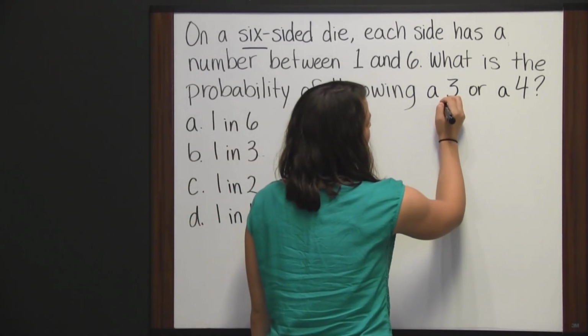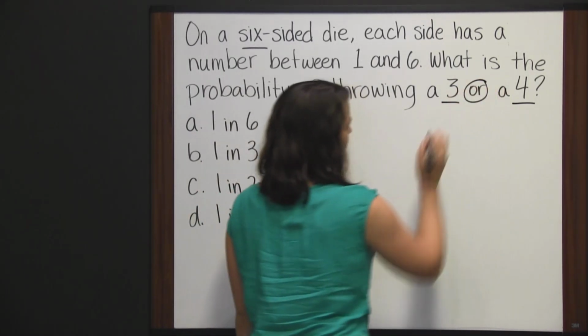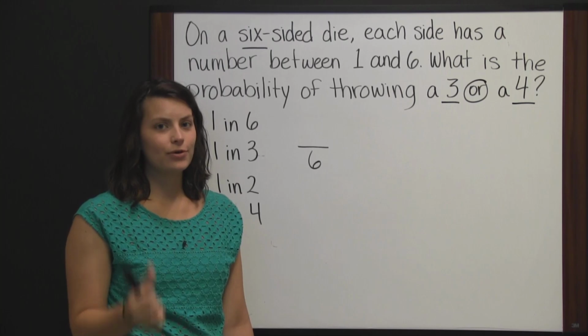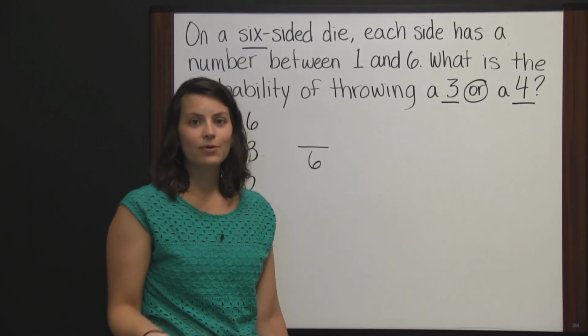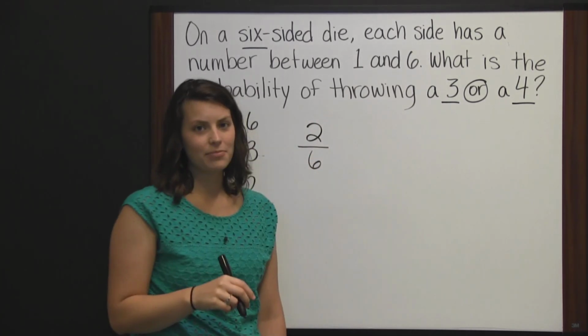We want to know the probability of throwing a 3 or, and that is a key word, 3 or a 4. So if it lands on either one of those, we're good. So that's 2 different numbers that we could land on out of our 6 different numbers.